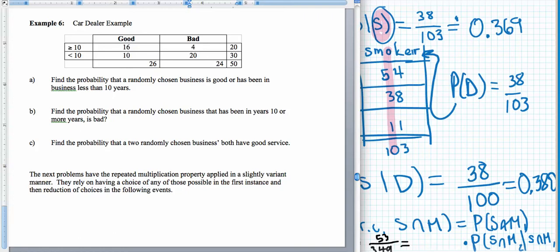Find the probability that a randomly chosen business that has been in business 10 years or more is bad. Think about that one. Be careful. And then find the probability that two randomly chosen businesses both have good service.